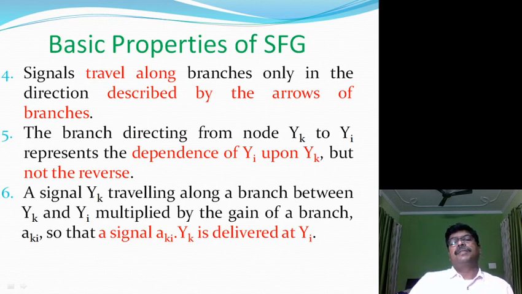And if a signal is traveling along a branch, then the branch gain must also be multiplied to the signal. So here you will get a variable yi equal to aki into yk. So this can be represented like this.